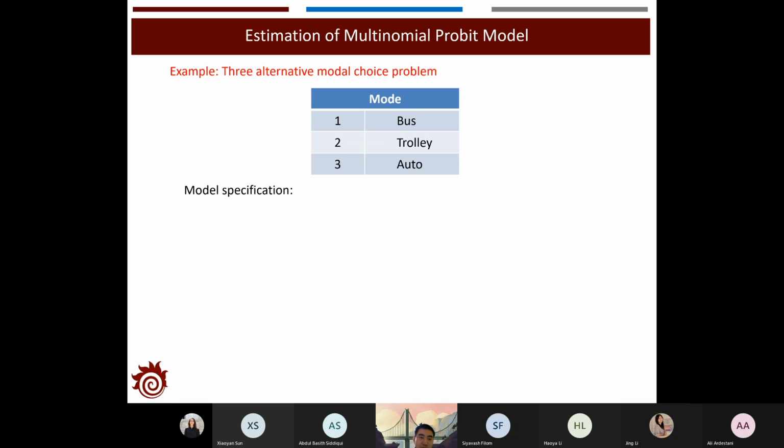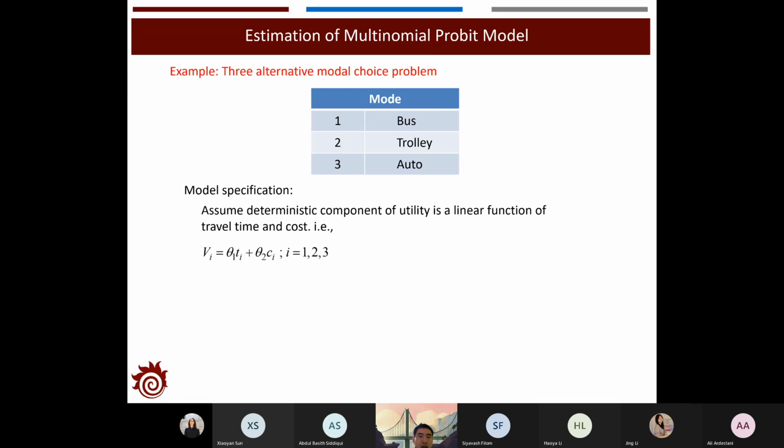To specify the model, we assume that the deterministic component is a linear function of the travel time and the cost. So v is the function of travel time, ti, and the cost, ci. So vi is equal to theta 1 times ti plus theta 2 times ci.